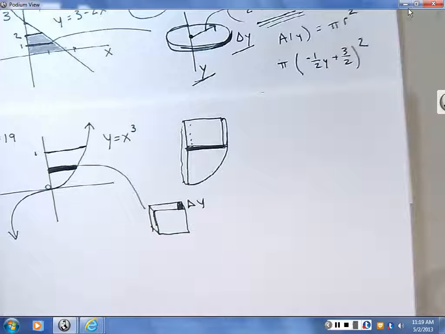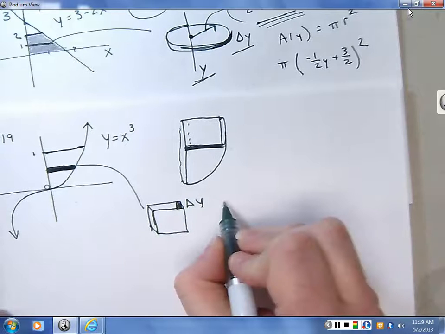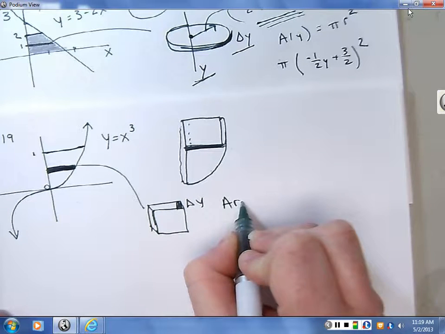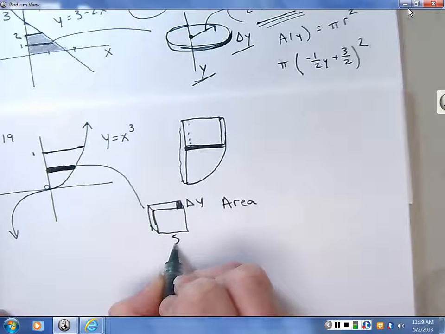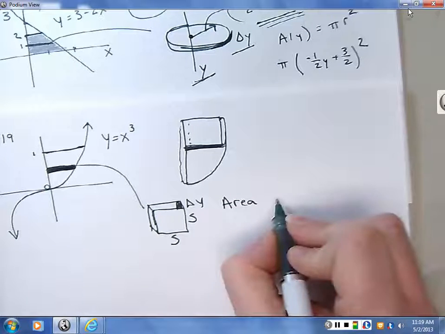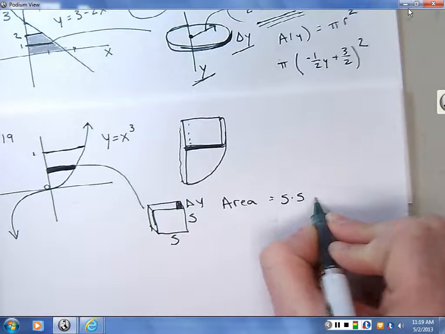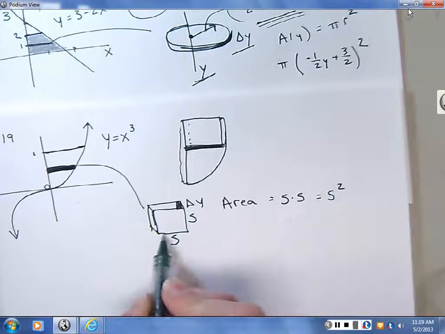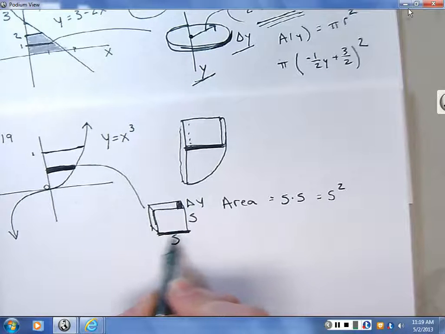If you look at it from the top, you see the square. And if you take slices of the square, they're getting smaller and smaller against this curve. So how do I find the area of a square? If this is the length of the side, what's the area of a square? S squared, right? S times S. So S would be this distance.